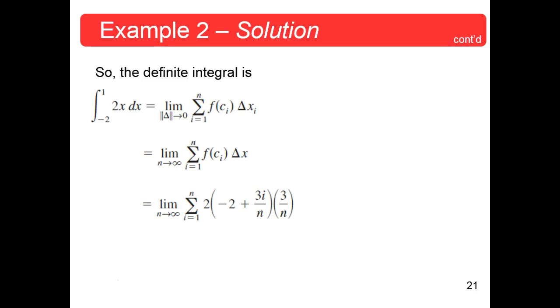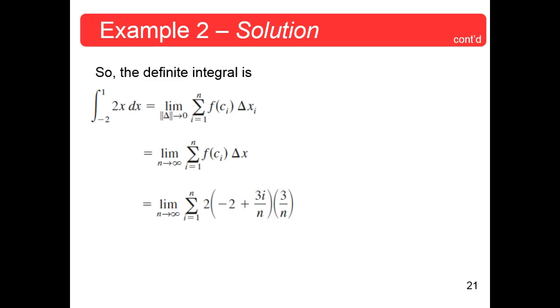Okay. Now, what we're going to do is take care of this first. 2 times minus 2 is going to be a 4. Summation of that should be 4 times n. Right? So we'll take care of that. Then we'll use our formulas. We'll factor out the n squared here.